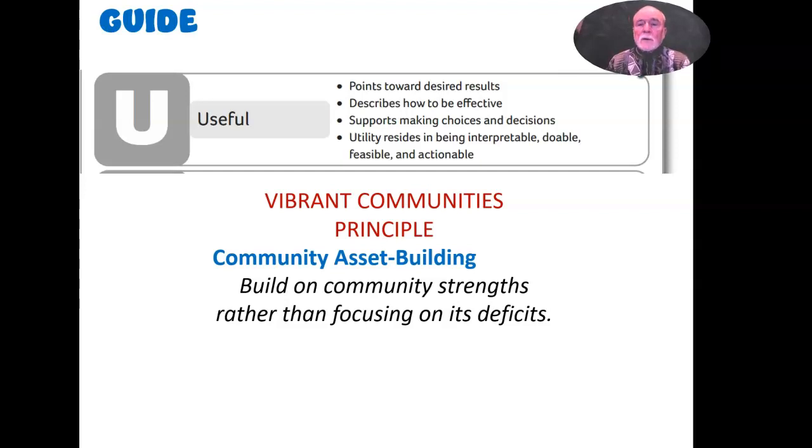It points toward the results of a community using strengths, identifying strengths. That's the way to be effective, that when making choices about what to do, those choices would be informed by this principle of building on strengths, and that what it means to build on strengths should be interpretable, doable, feasible, and actionable, that a community can identify its strengths as opposed to worrying about its deficits and problems.